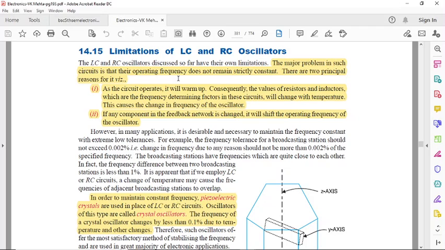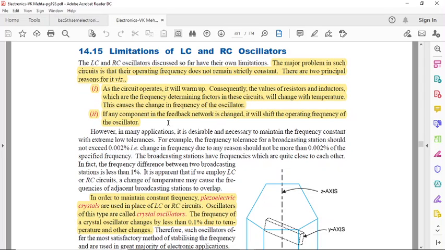Consequently, the values of resistors and inductors, which are the frequency determining factors in the circuits, because the frequency is equal to 1 by 2 pi square root LC, change with temperature. This causes the change in frequency of the oscillator.